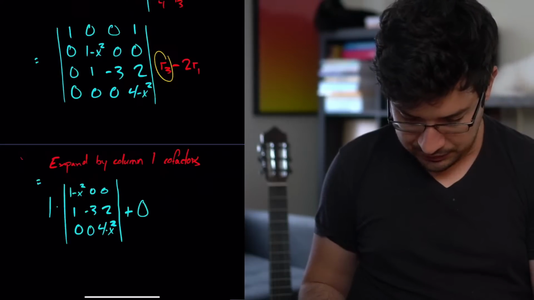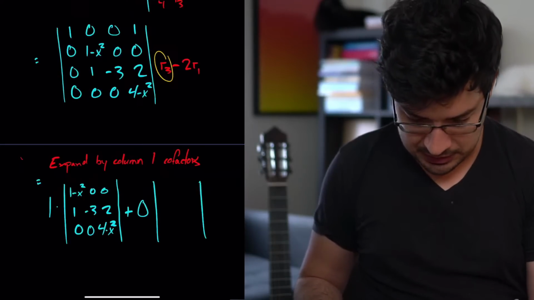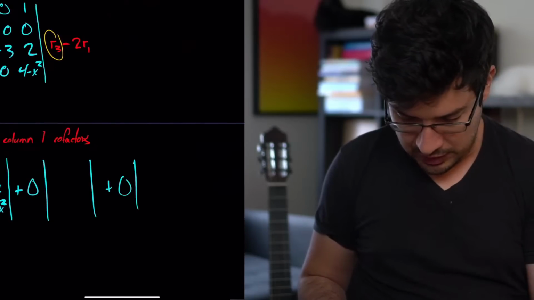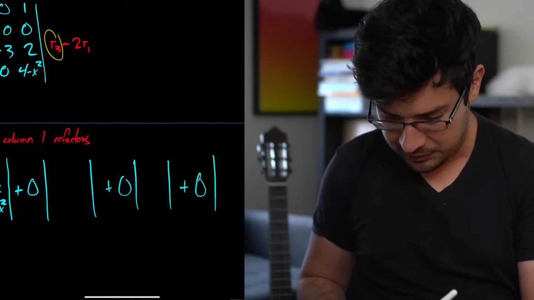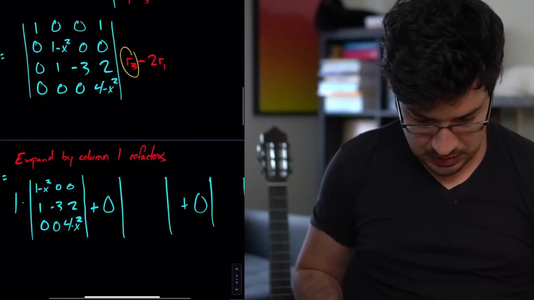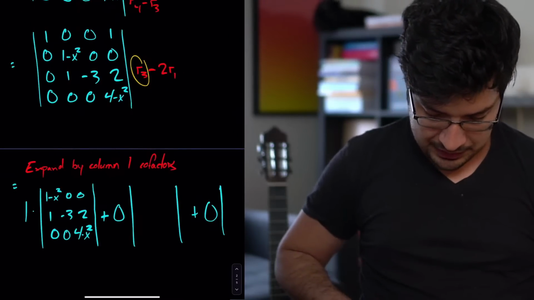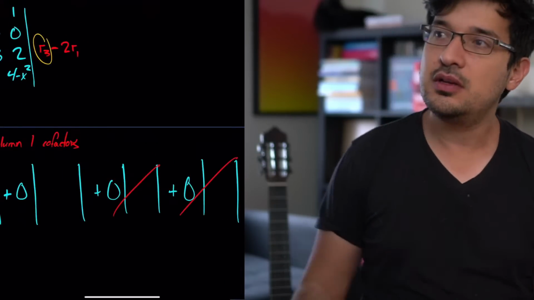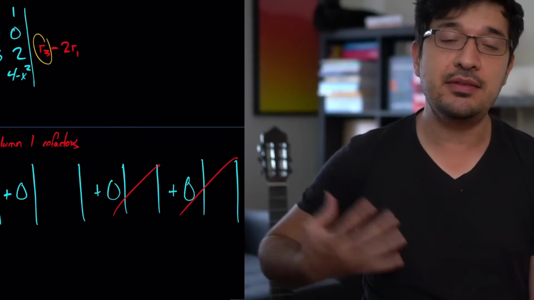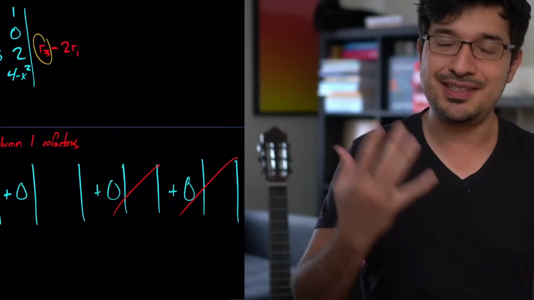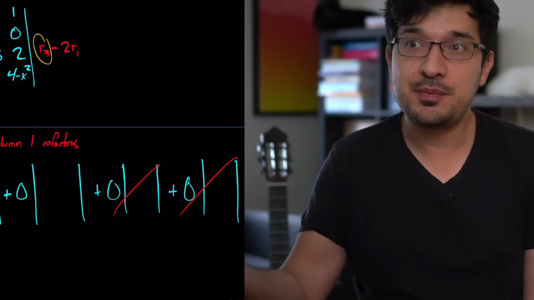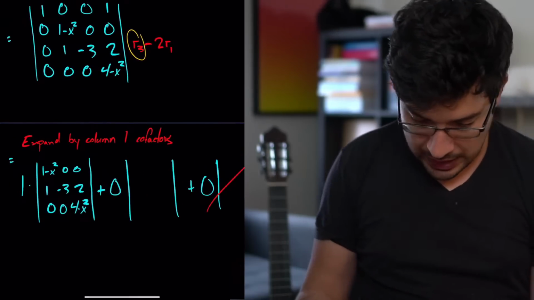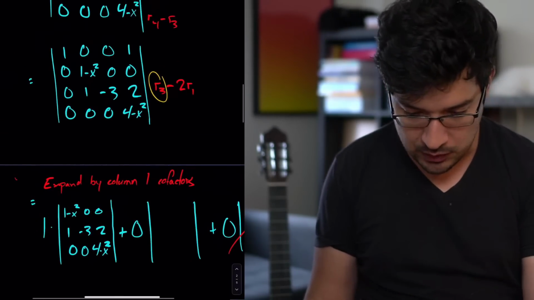And now plus 0 times another determinant, plus 0 times another 3 by 3 determinant, plus 0 times another 3 by 3 determinant. I'll write the second one, but clearly all of these just zero out, because the determinant is a number, and any number multiplied by 0 is going to be 0, right? So that's fine. But I just want to show how expanding by cofactors works.